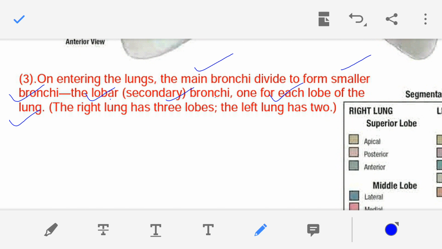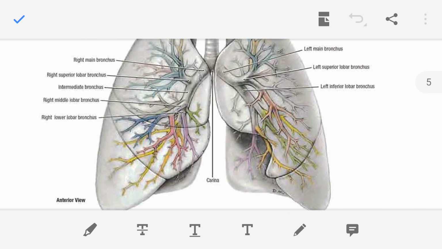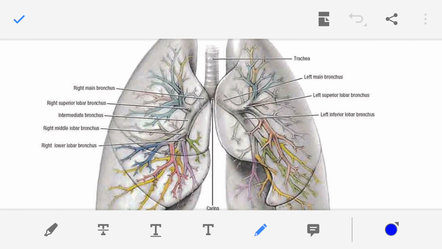And here we remember that the right lung has 3 lobes and the left lung has 2. So now in the figure we are seeing this. Here you see what is happening. This one is the main bronchus. This is the superior lobe, this is the inferior lobe of the lung.